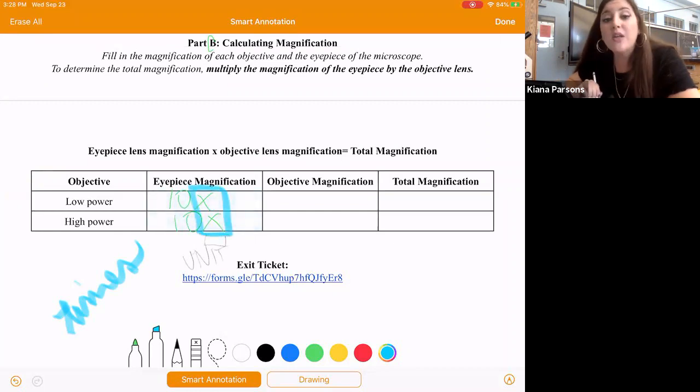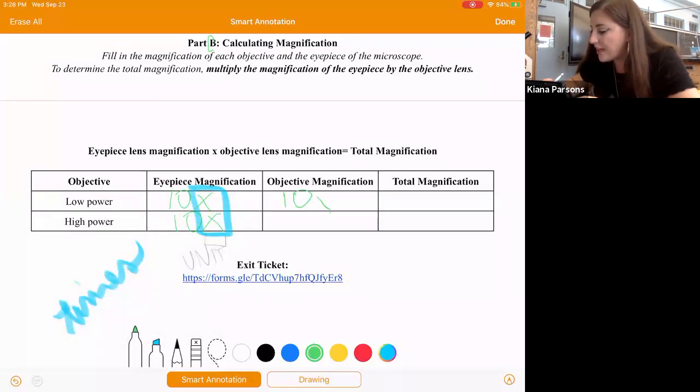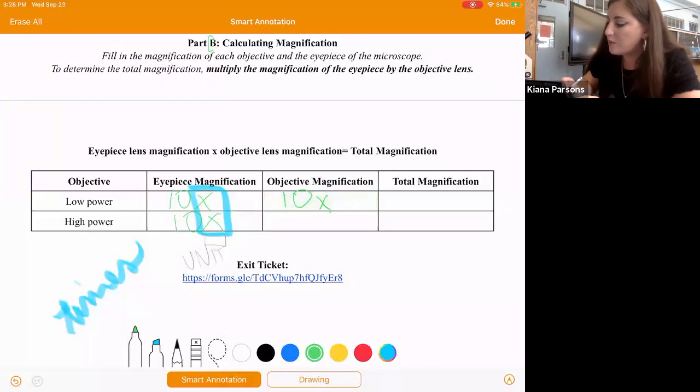So the eyepiece always has 10 times magnification, but the objective varies. So our low power objective has 10 times magnification as well. And as it says here, we multiply the eyepiece lens magnification by the objective lens magnification to get the total magnification. So we see here 10 times 10 is 100x.